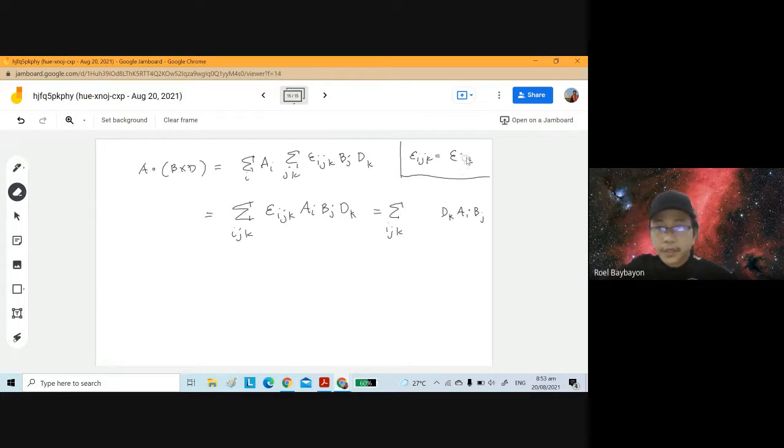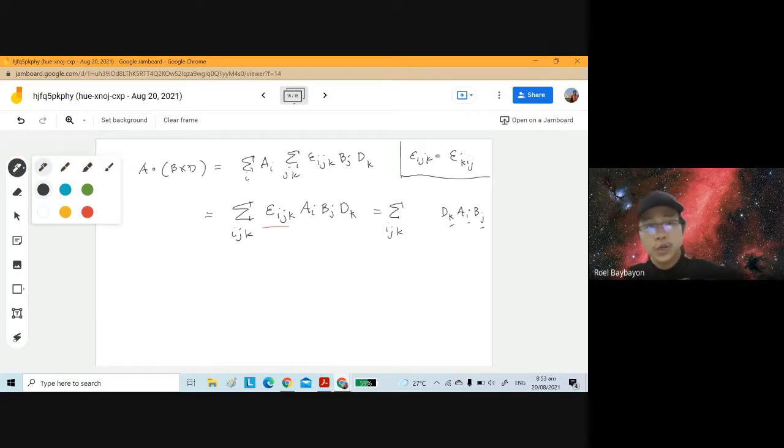So I write K I J, relating it to K I J. There is no negative to add, it's still positive. So you can rewrite this. I can write epsilon IJK into epsilon K I J.